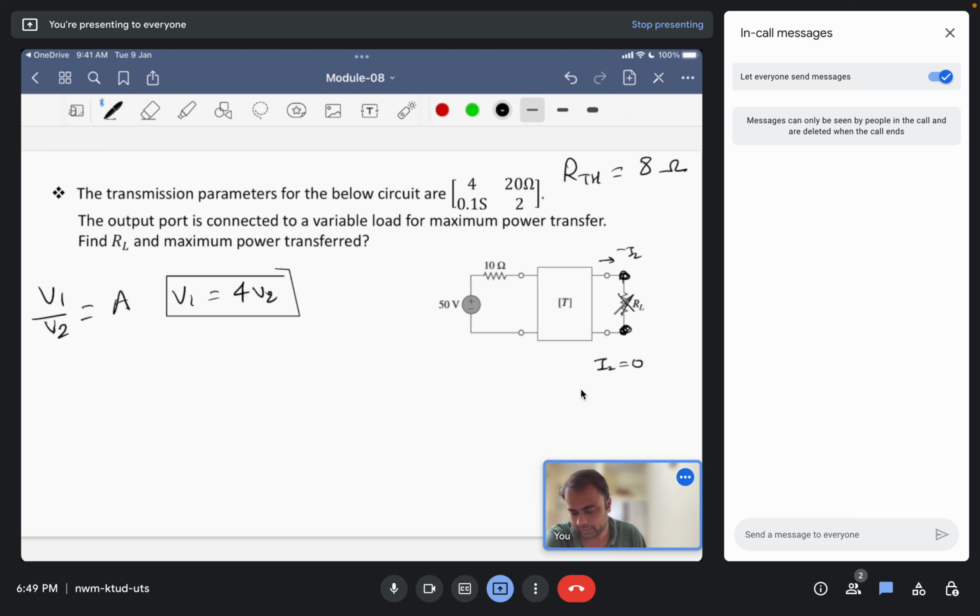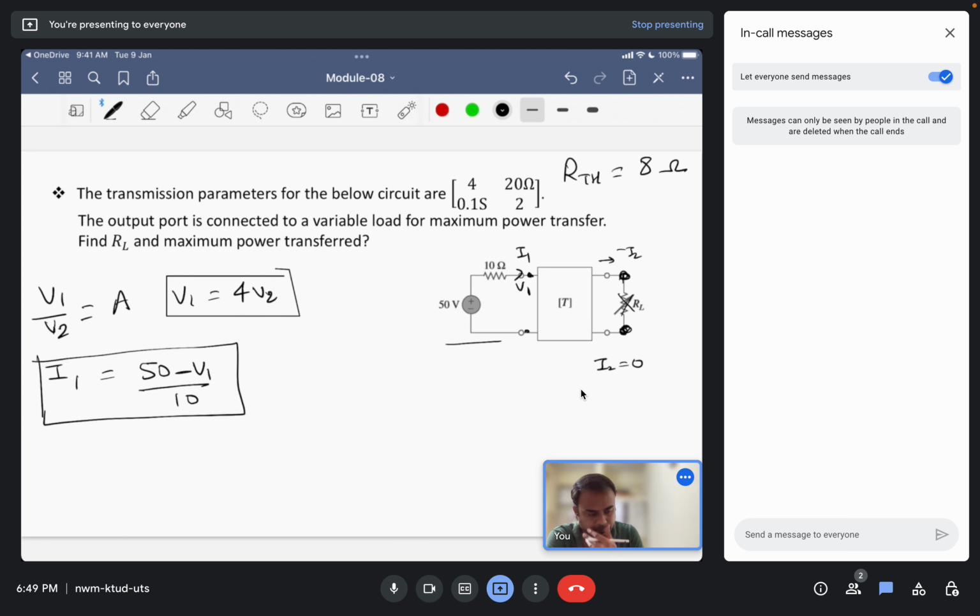And the second thing here is, we already know from the left side that this current I1, this point is V1. So I1 is (50 minus V1) by 10. Still we haven't come closer to calculating V2, but we have already found a relation between I1 and V1.